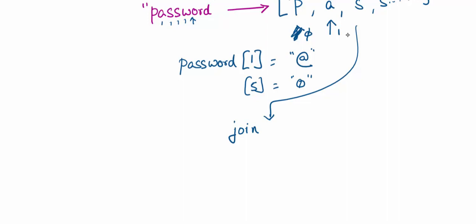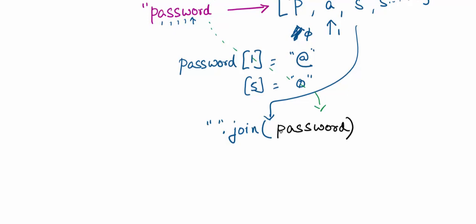So join is basically a function of string where you say an empty string dot join and an iterable. The iterable in this case is going to be this variable, right? So join of password. So what does this do?